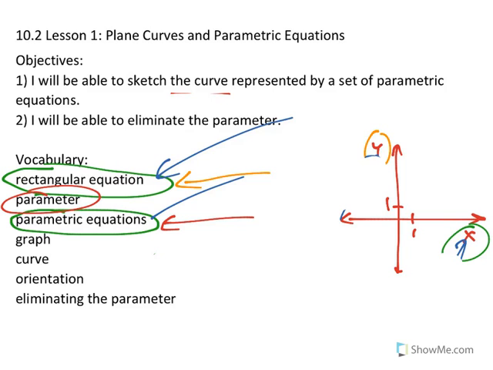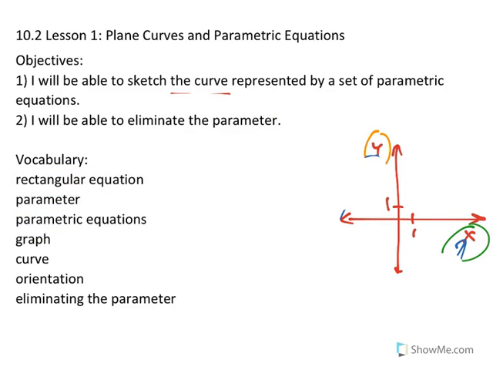But if you have a set of parametric equations, in addition to knowing the path followed by the object, we can also know, for example, at what time the object is in a particular location. And there are other things that we can determine, as we will see later as we continue with our study.